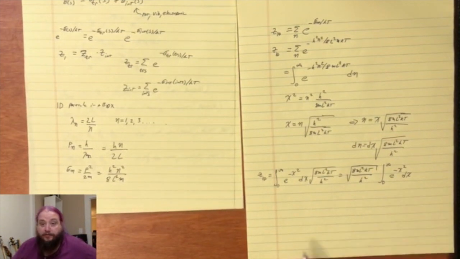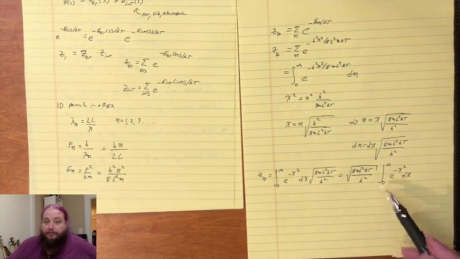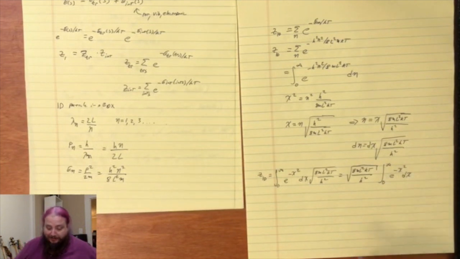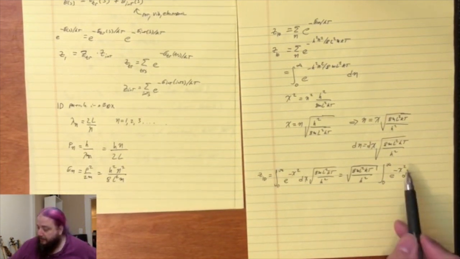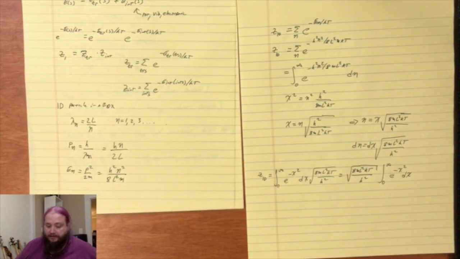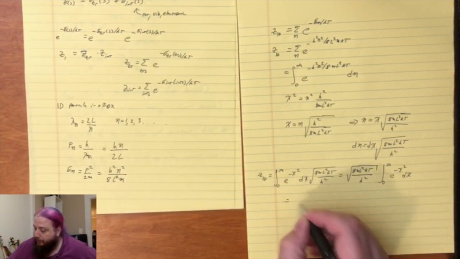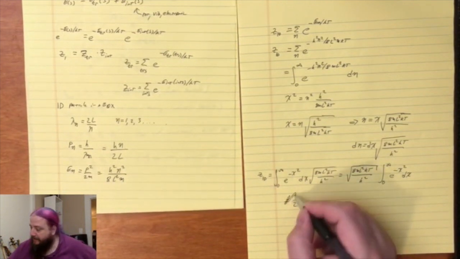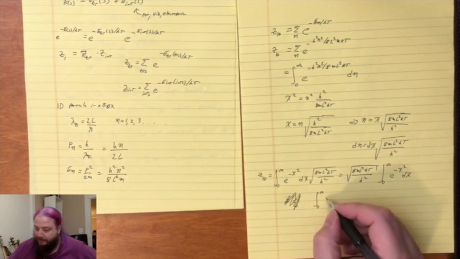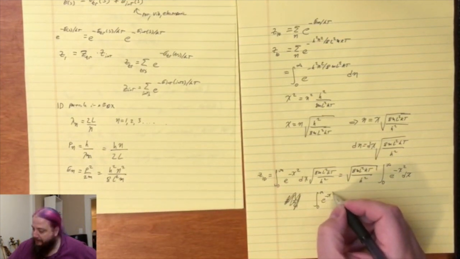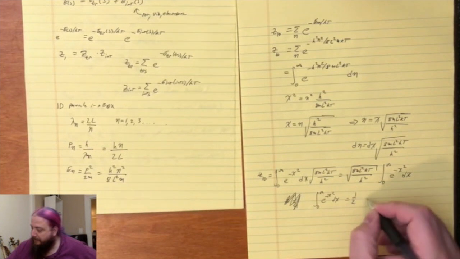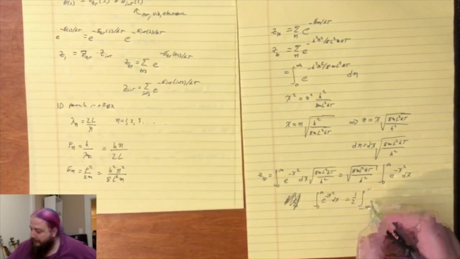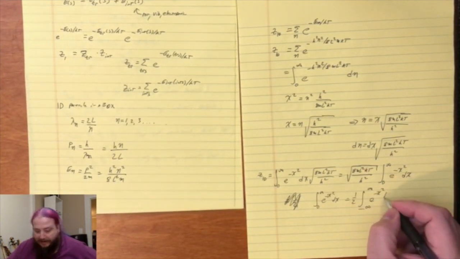Now that's almost the Gaussian integral we solved before. We solved the integral over the interval from minus infinity to plus infinity, and since the integrand here is even, the integral from 0 to infinity of e to the minus x squared dx is just equal to 1/2 the integral from minus infinity to infinity of e to the minus x squared dx.